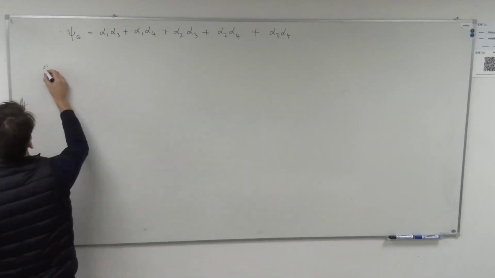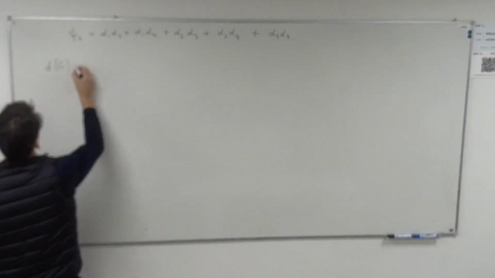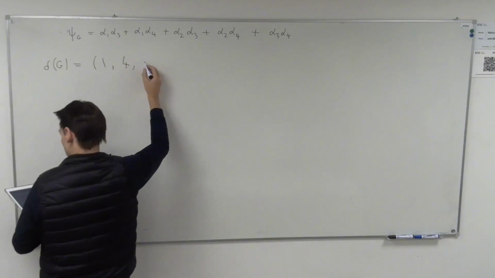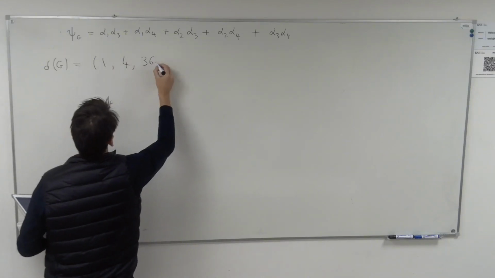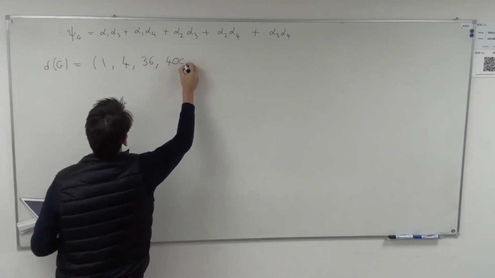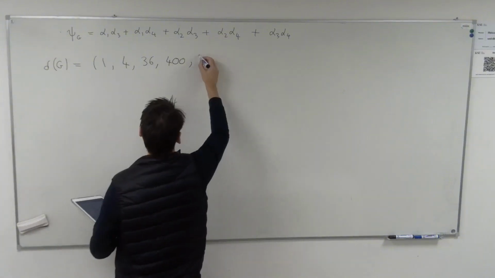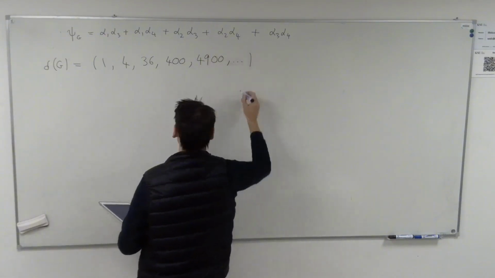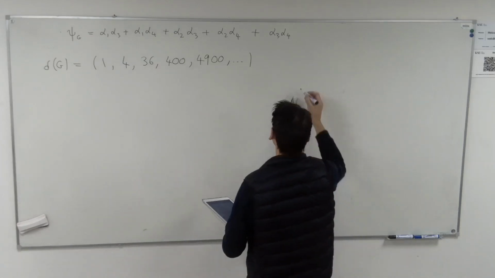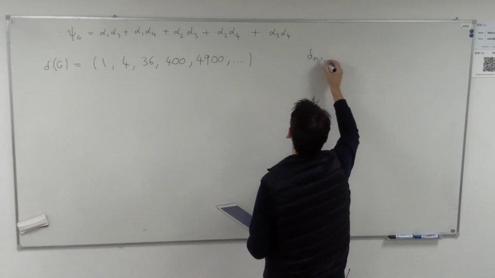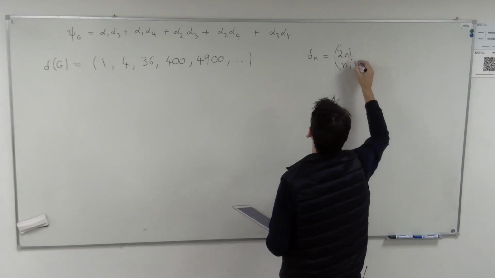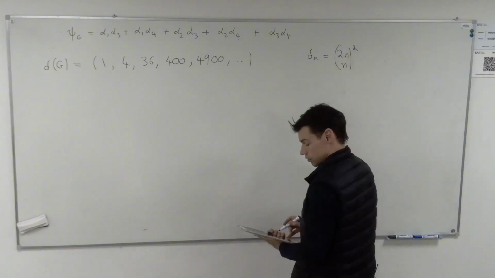And so you can check that the diagonal sequence in this case is 1, 4, 36, 400, 4,900. And in fact, delta n is 2n choose n squared. It's a closed formula.